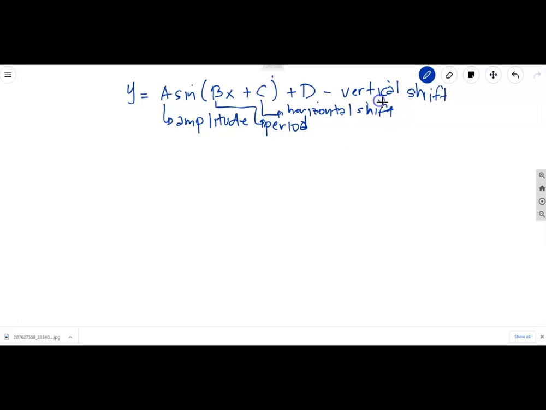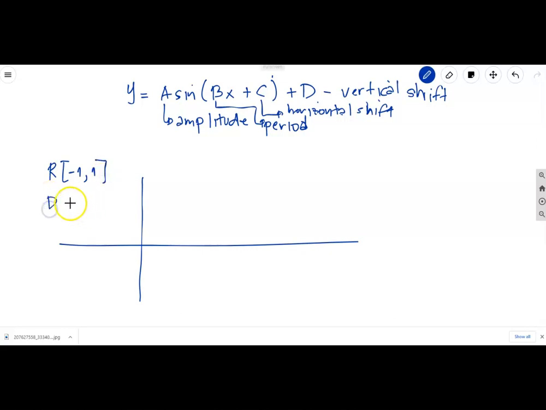From the sine graph, the range of sine is from -1 to +1, and the domain of the trigonometric function is from -infinity to +infinity.